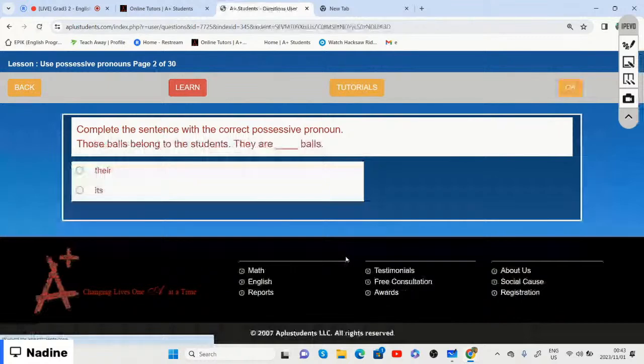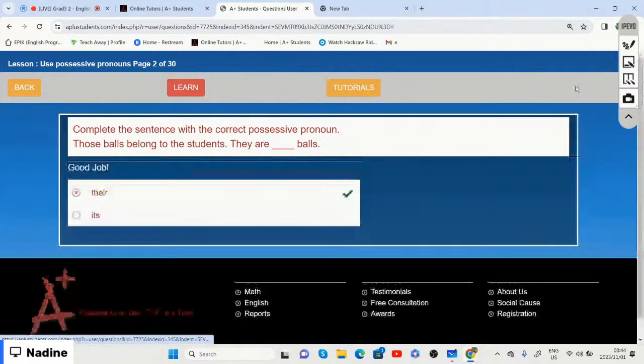Those balls belong to the students. So if it belongs to the students, is it their balls or is it its balls? So we basically say it is their balls. All right.